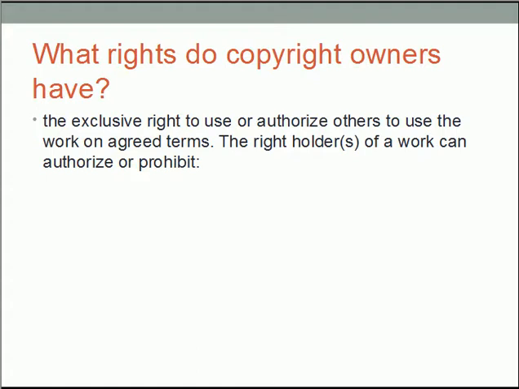What rights do copyright owners have? The exclusive right to use or authorize others to use the work on agreed terms.